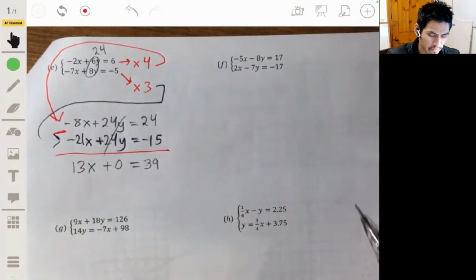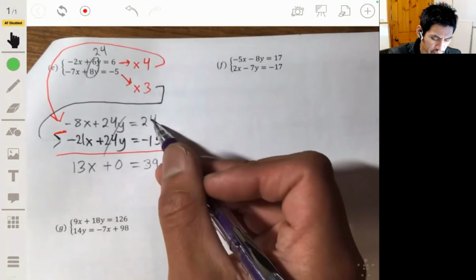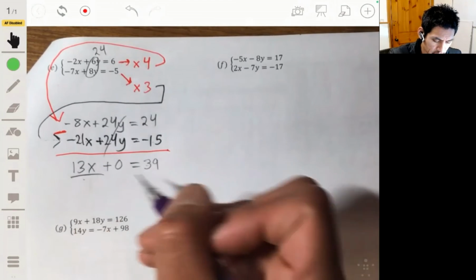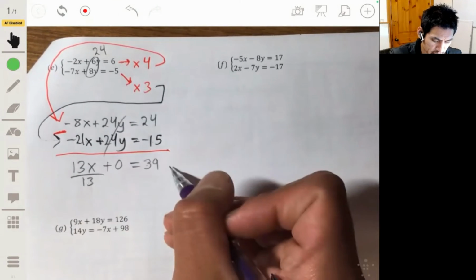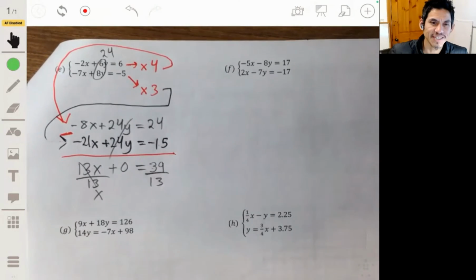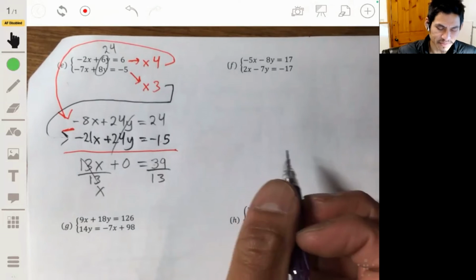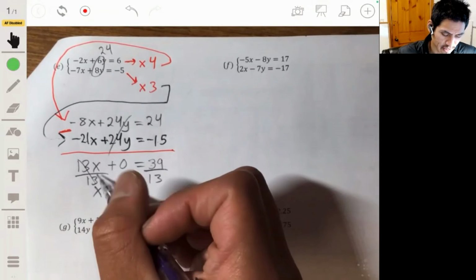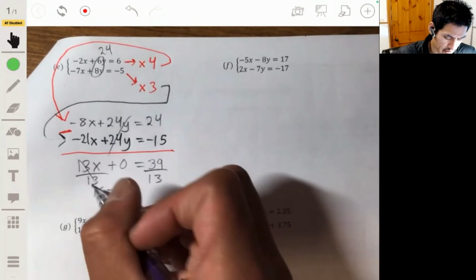It's 39 because it's adding 15. So 13x equals 39. Divide everything by 13. Look at that, x is 3.